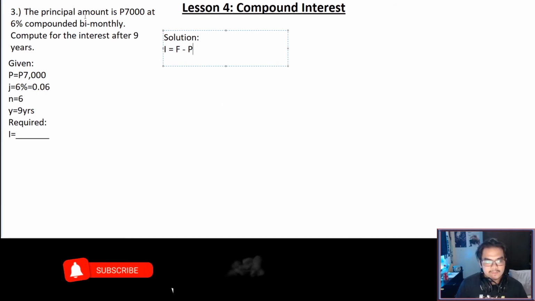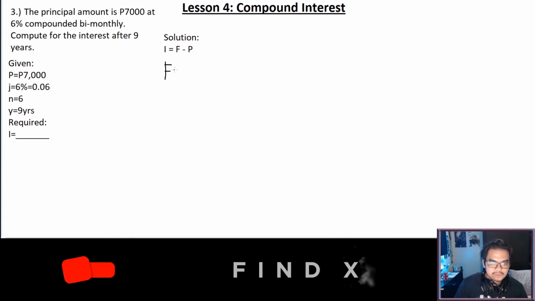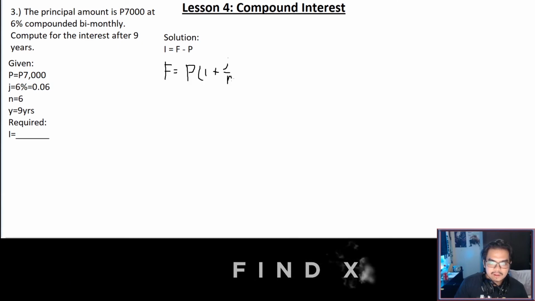Okay? But remember that we have the formula F equal to P times (1 plus j over n) raised to yn, right?